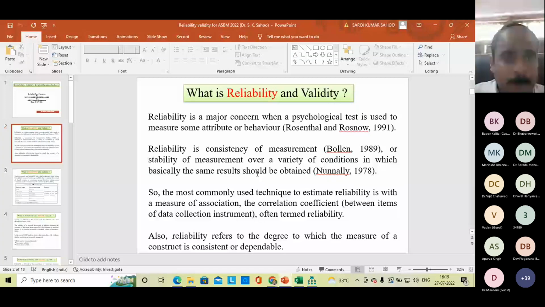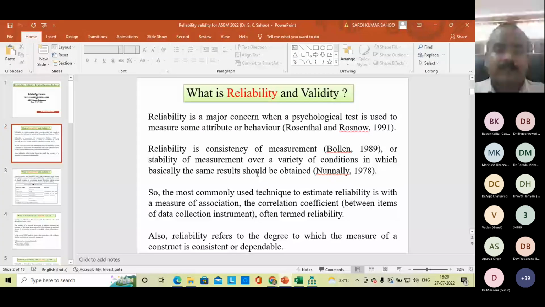That is the internal consistency among BSI 1 to BSI 5 so far as F1 is concerned. There is another internal consistency for BSI 6 to BSI 10 so far as F2 is concerned. Another way of reliability is composite reliability, which we will discuss later on.